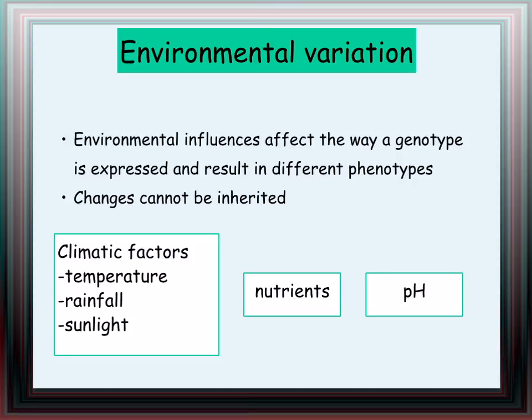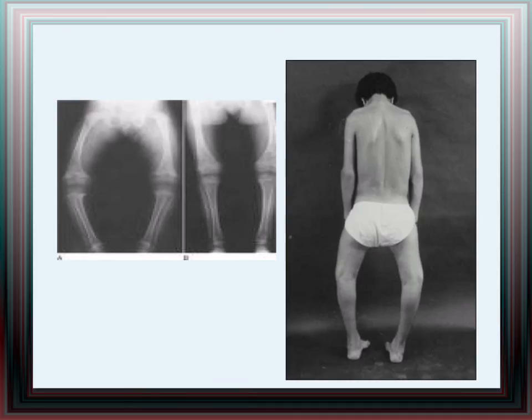For example, sunlight may affect the leaf width, the nutrients or diet may affect height, here's an example of rickets. What is the cause? A genetic variation or environmental variation? This is environmental variation because the condition is due to a lack of vitamin D.